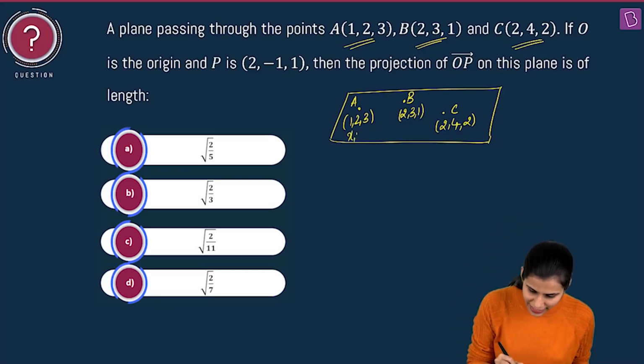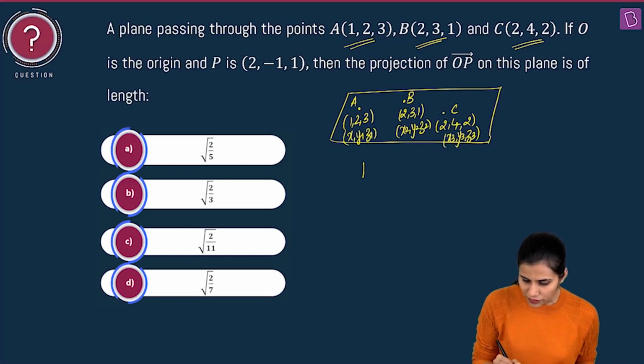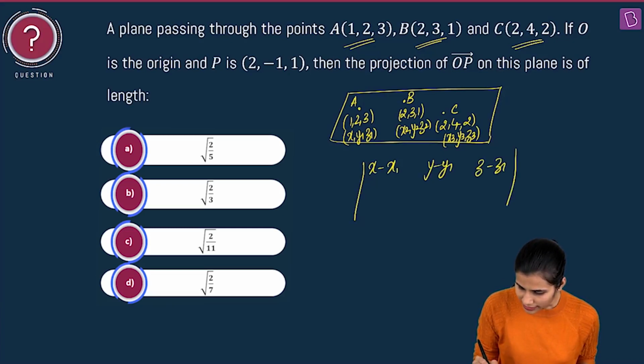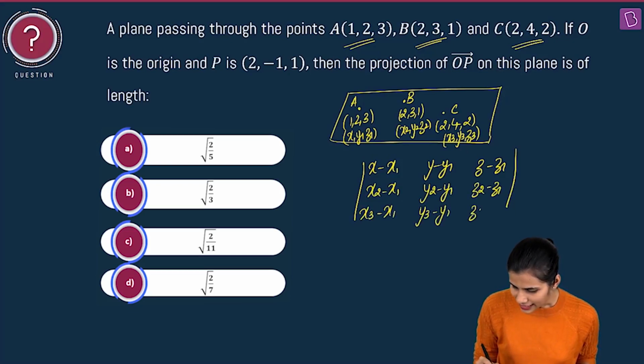So if I treat this as x1, y1, z1, this as x2, y2, z2, and this as x3, y3, z3, then the equation of this plane comes out to be the determinant of x minus x1, y minus y1, z minus z1; x2 minus x1, y2 minus y1, z2 minus z1; and x3 minus x1, y3 minus y1, z3 minus z1, equal to 0.